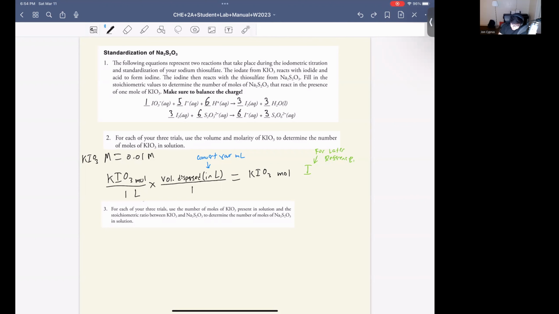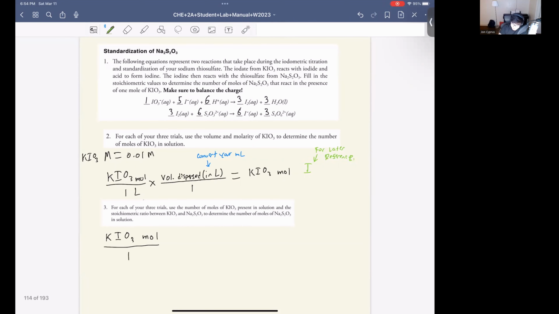All right, so we start with some amount of moles of KIO3. I'm putting that over 1. This is from step 1; we just calculated this, and this is just how I'm going to refer to it in these equations, so you know where to find them.